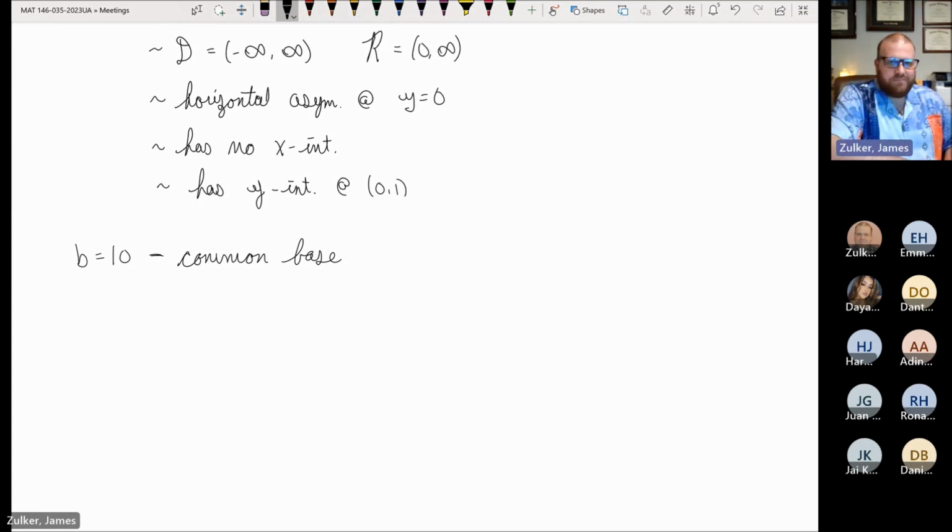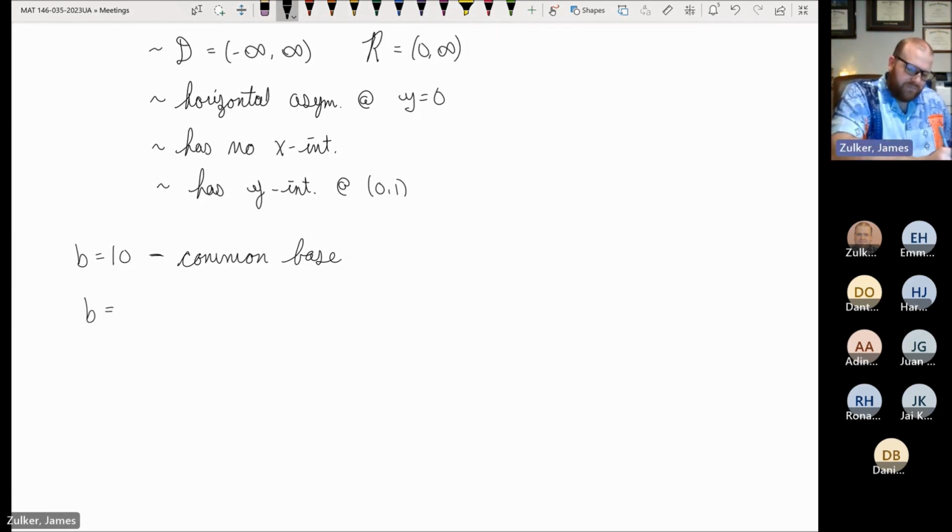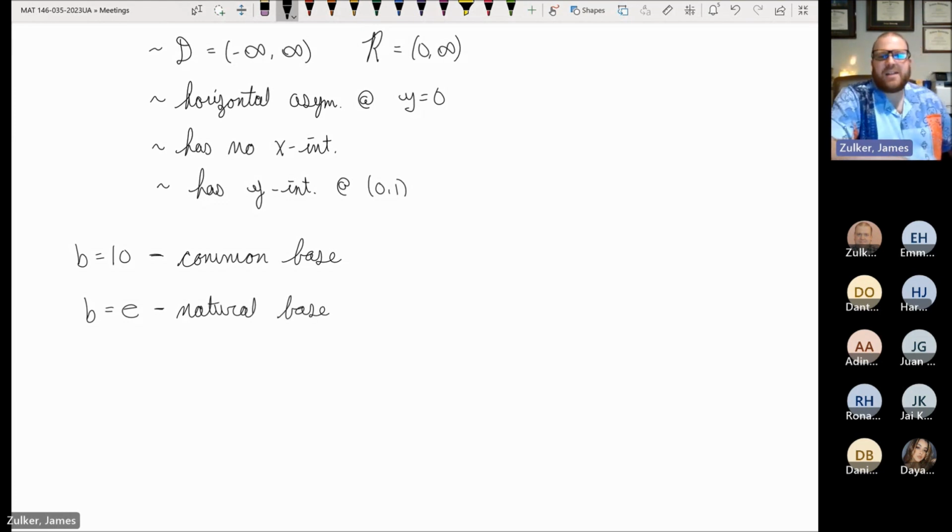In fact, our decimal system is base 10. However, there is a base that is used more often in mathematics than 10. That's called the base e, the natural base.